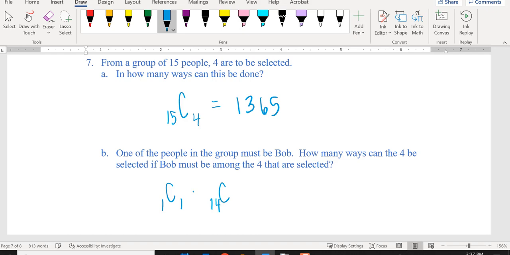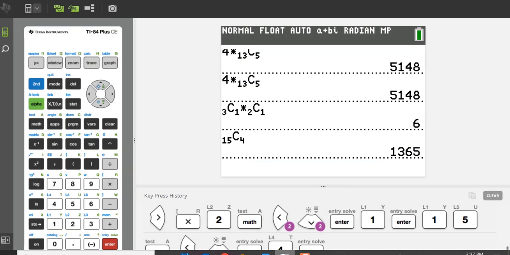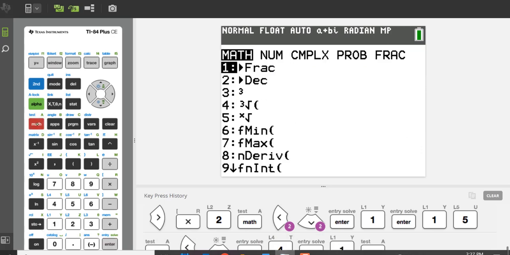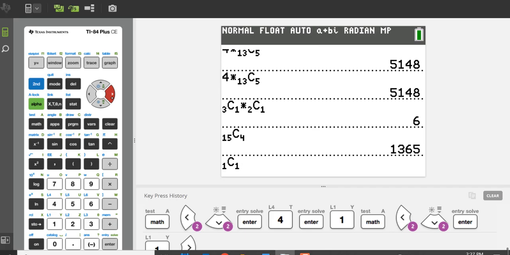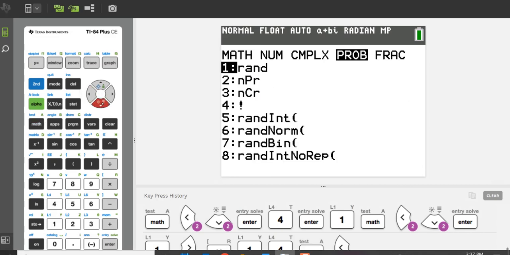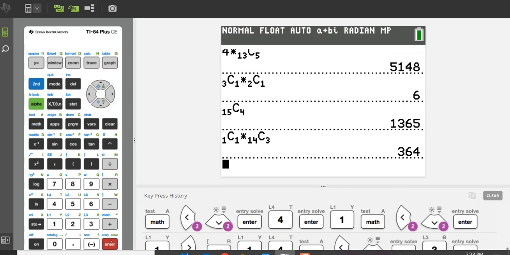And you need to pick 3 of them. The combination of 1 pick 1 times the combination of 14 pick 3. 364.